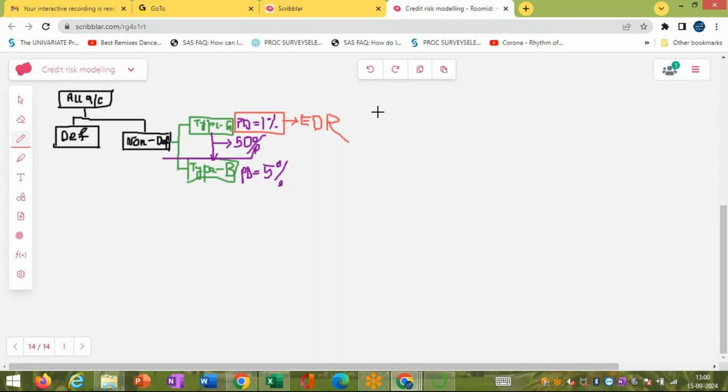So the expected default rate is equal to 1% for the first year. So let's say when the month on book is 1 year, the expected default rate is equal to the PD of this segment, right?